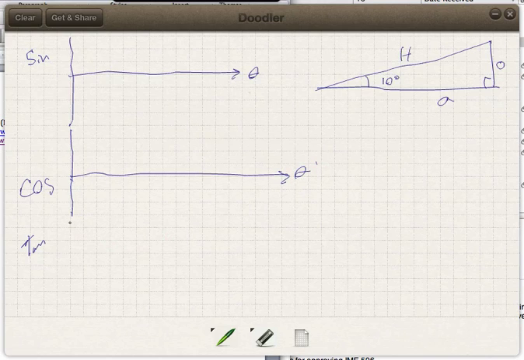And tangent. Okay. Tangent. All right. And this would be for 30 degrees, 60 degrees, 90 degrees.